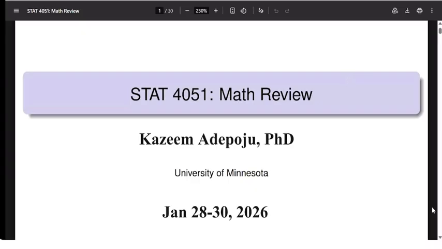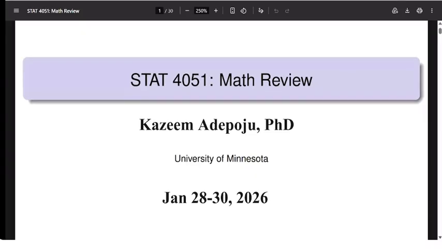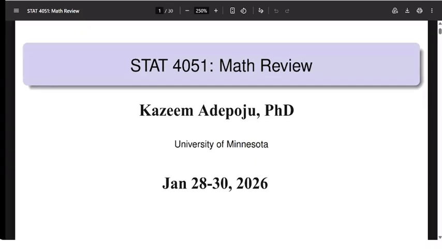But in preparation for some algorithms that we're going to use, we need to first understand some assumptions, and we need to understand basic foundational techniques of statistical machine learning. And that is why our focus today is going to be on mathematics review.